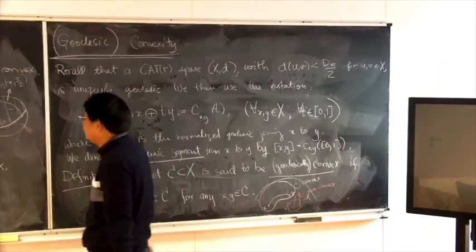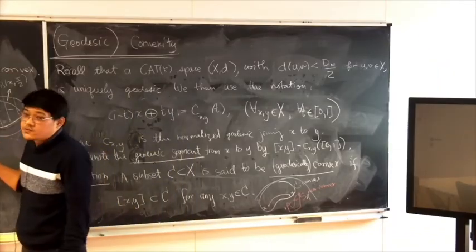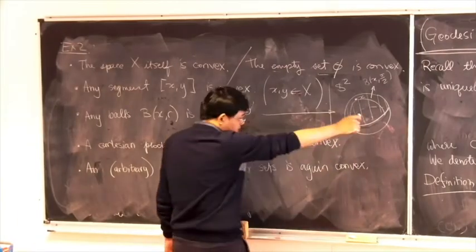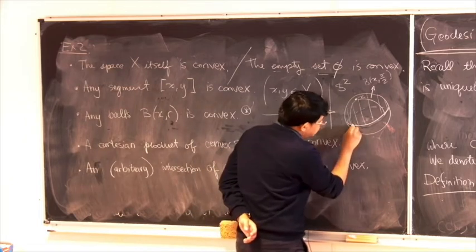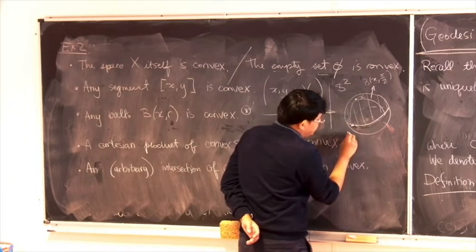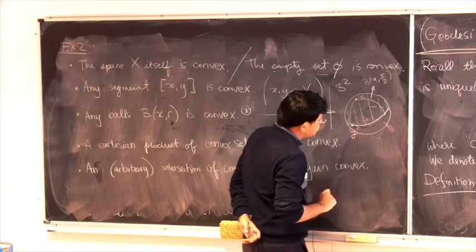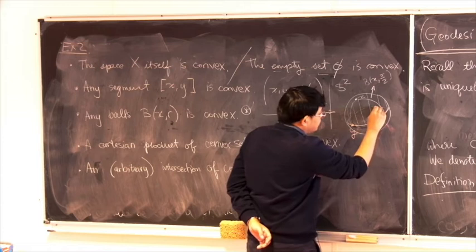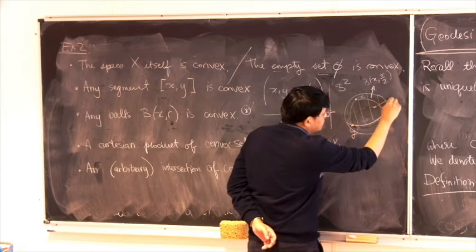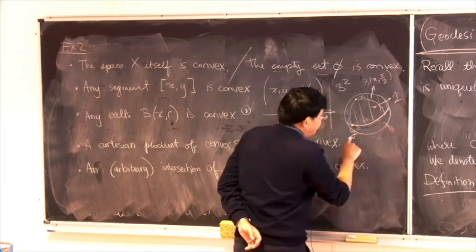And what goes wrong here? Let's take y here, and you take z to be the antipodal point of y.